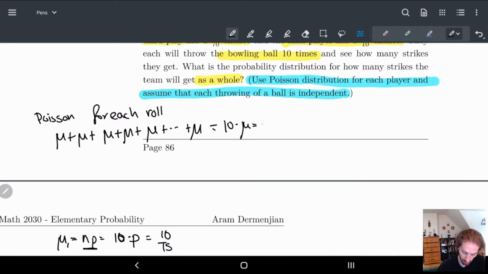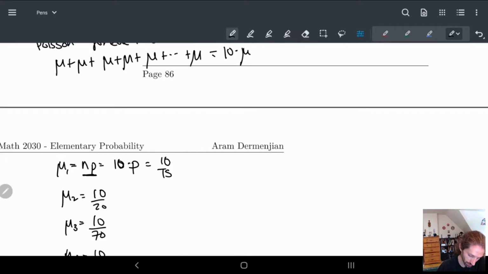So in essence, here, mu1 is really just mu, not p. This is our parameter, and this is where these numbers are coming from.